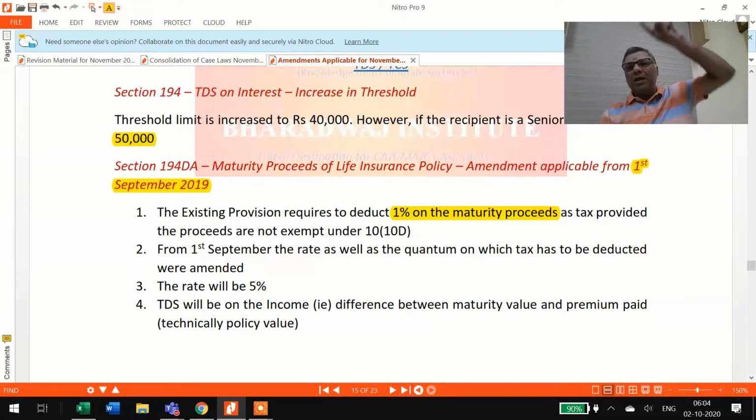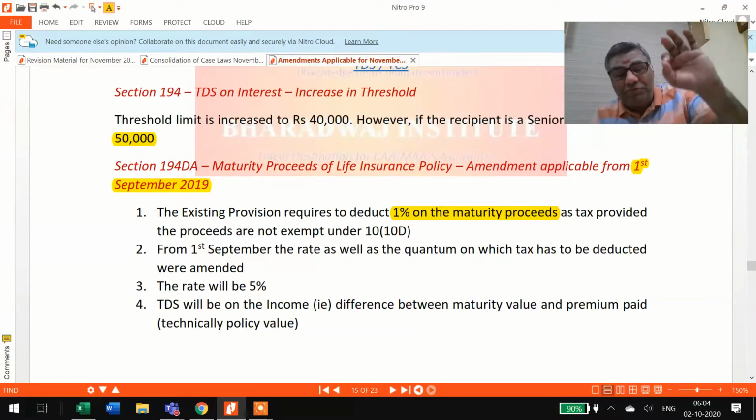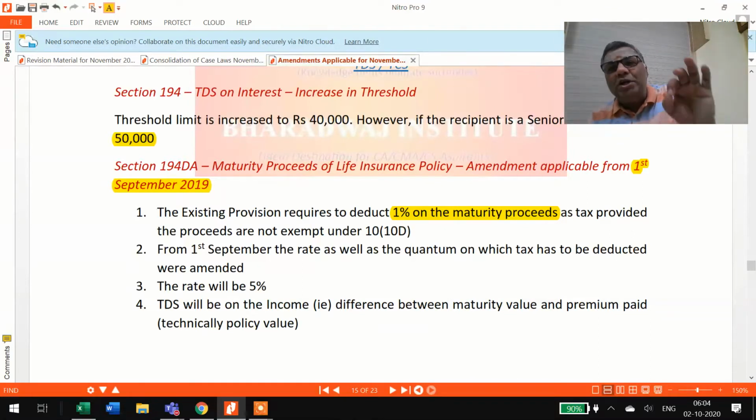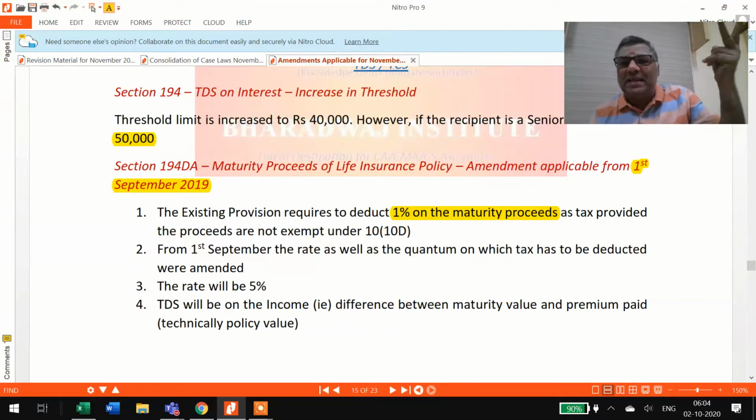We can link this with 10(10D). If the premium does not exceed 20% or 10% as the case may be, depending on policies taken on or before 31/3/2012 or on or after 1/4/2012, then it is exempt.